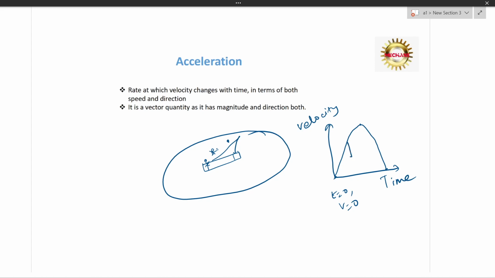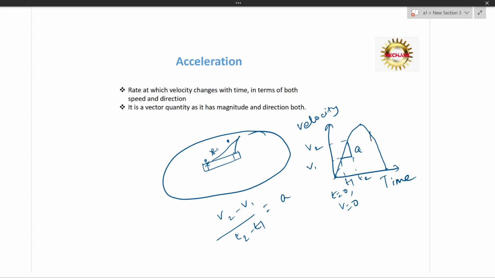So this slope is called acceleration. If you consider this, this is the initial velocity, this is the final velocity, so v2 minus v1, divided by t2 minus t1. This is called acceleration. Here the velocity is increasing, a positive slope, so it is called acceleration.